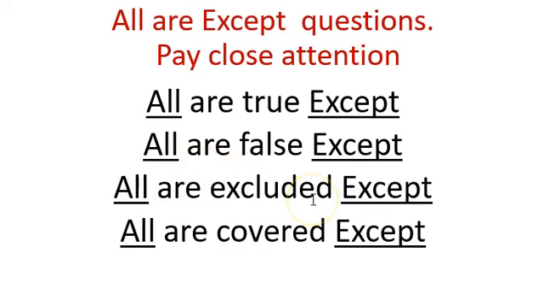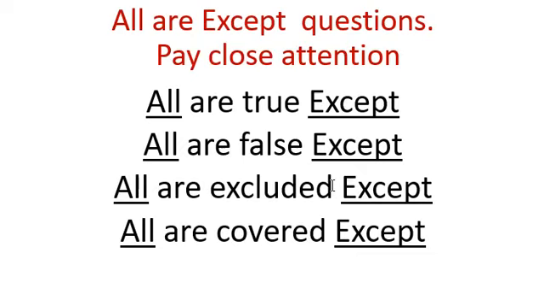All are excluded except, and this one gets tricky because in a policy, sometimes something's not covered, but it might not be excluded either. So you want to make sure that you know your exclusions for policies. You got to know your liability exclusions. You got to know your homeowner's exclusions. You have to know your exclusions in order to answer this type of question correct.